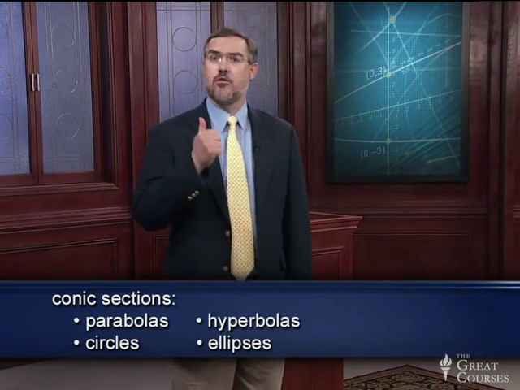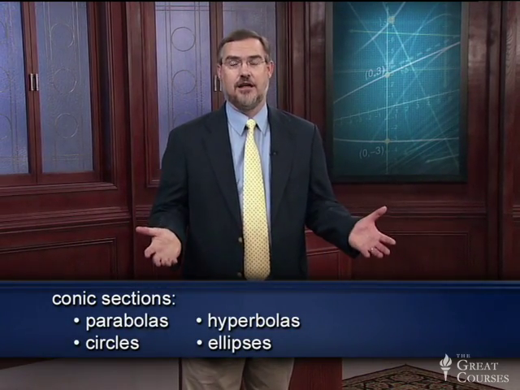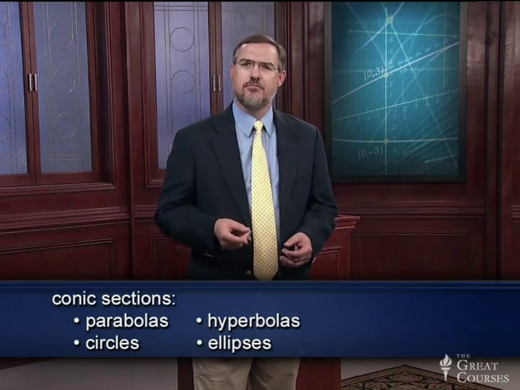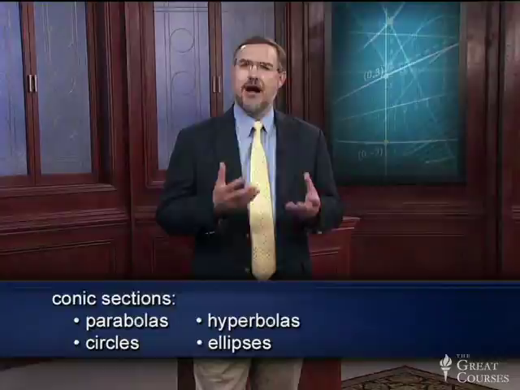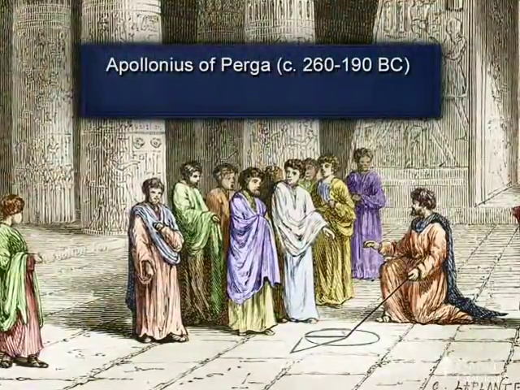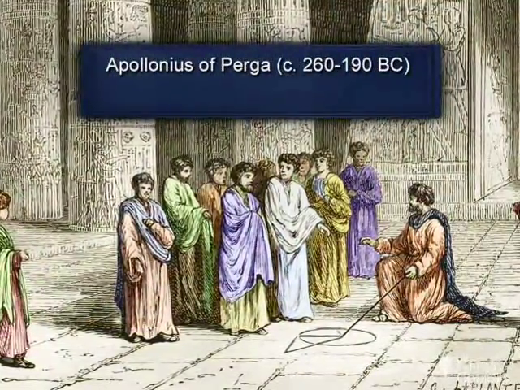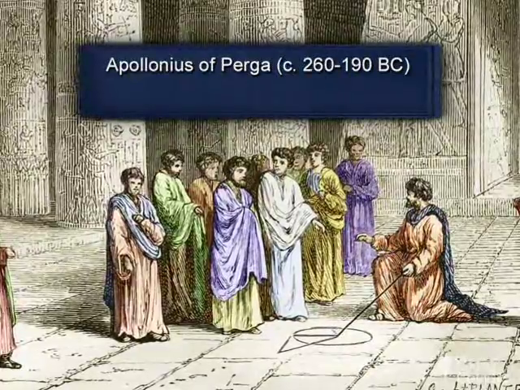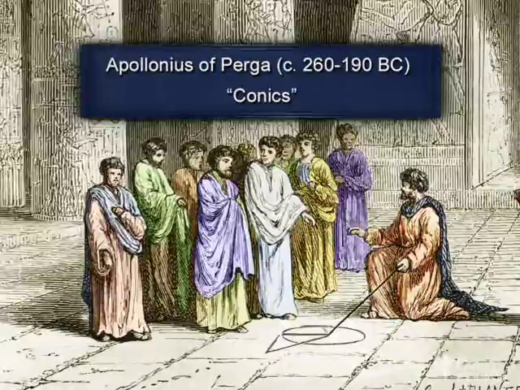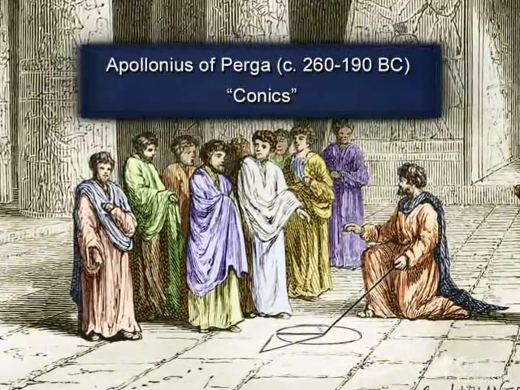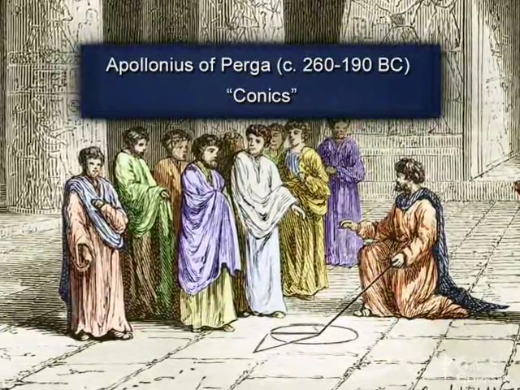There are four basic conic sections: parabolas, which we know quite a lot about already, hyperbolas, circles, and ellipses. They were popularized by a Greek mathematician and astronomer named Apollonius of Perga in his book, which we call Conics. Apollonius lived from about 260 BC to about 190 BC.